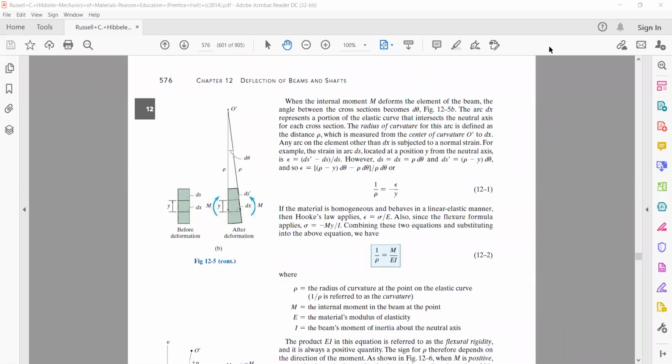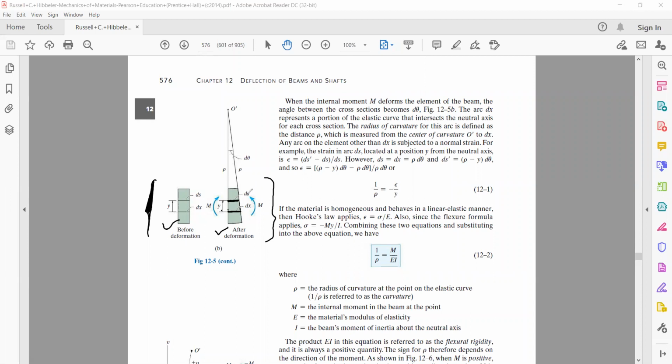The entire discussion is being explained in the form of these two pictures. This is the before deformation picture on the left, and this is the after deformation. So we are assuming that this is our neutral axis dx, and we are measuring all the distances from the neutral axis. Initially this length was at a distance y from the neutral axis.